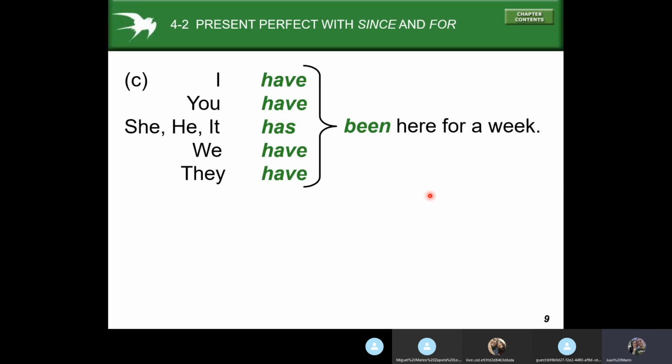Okay, so for all the pronouns it is going to be have, but for she, he, it is going to be has. Then we have the past participle of the verb. Example, I have been, you have been, she has been here, we have been here, they have been here.